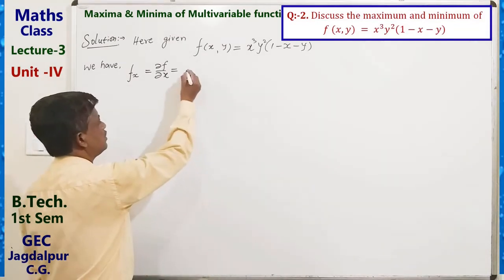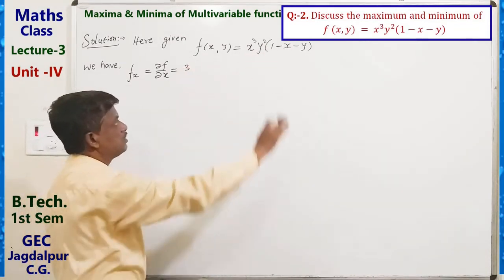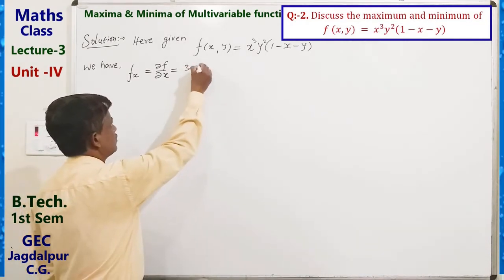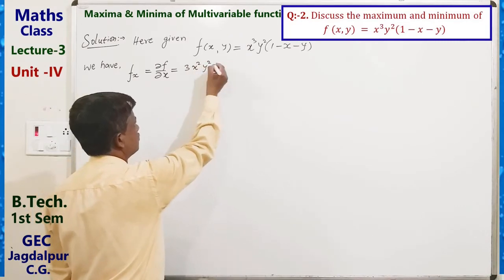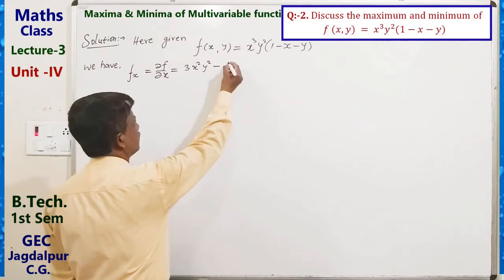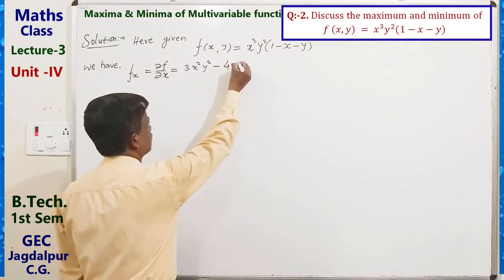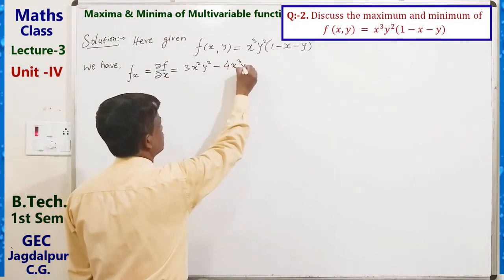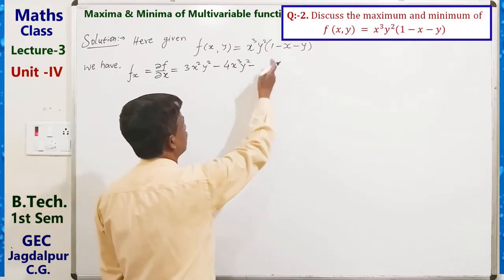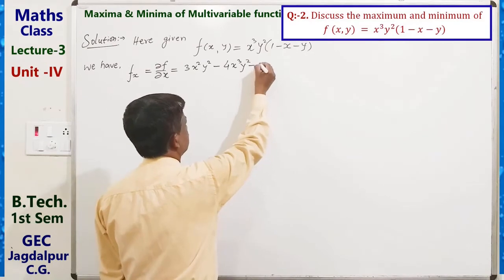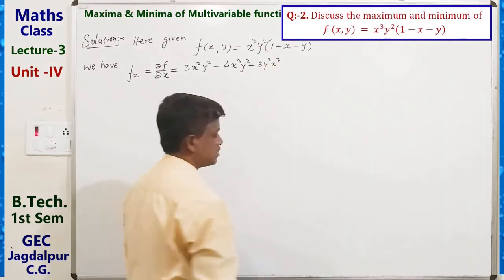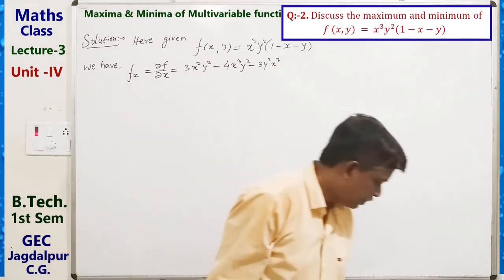So here 3x square y square for the first term, minus for the second term 4x cube y square, minus 3 y square x cube. So this is first. Clear?